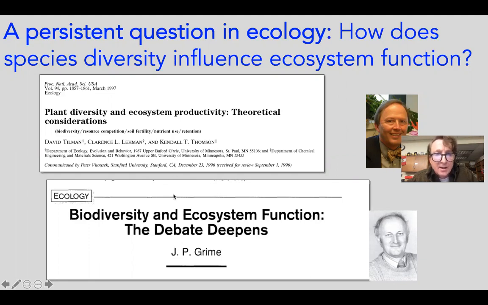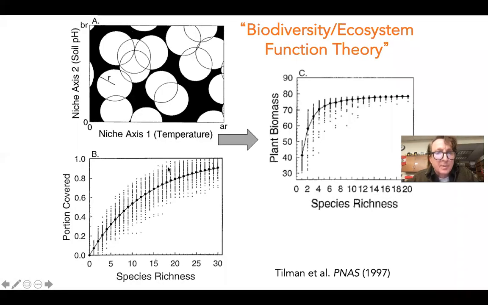Okay? Now, this debate has focused on how one actually makes this connection between biodiversity and ecosystem function. I'm going to focus in on this paper by Tilman, which has a very nice graphical model. In this graphical model, what Tilman and colleagues do is imagine species as circles in niche space.